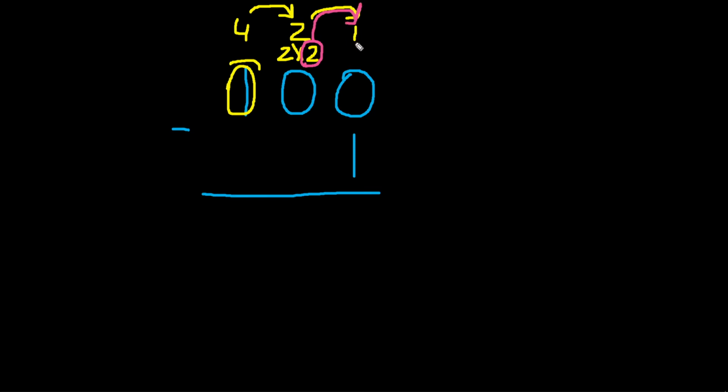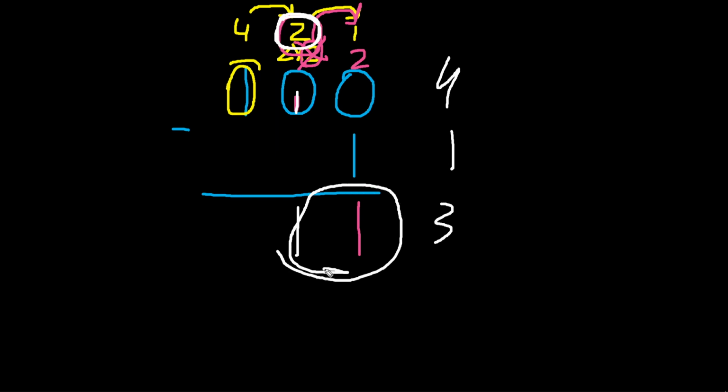That's why here we had 0, but now we have 2. And 2 minus 1 is 1. Then here we do not have this 2, but we have this 2 left. And this 2 is actually 1, because this is base 2, you see? So we leave it as it is. The answer: 4 minus 1 is 3, which is basically this number.